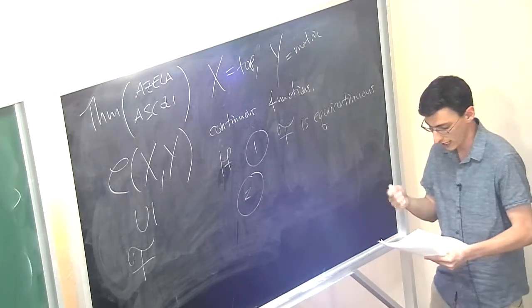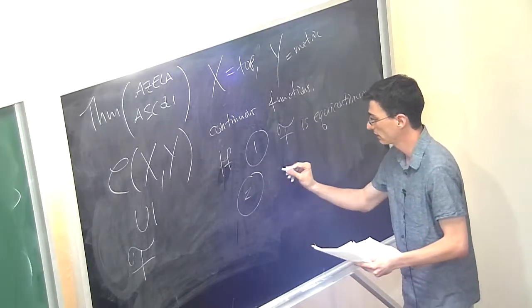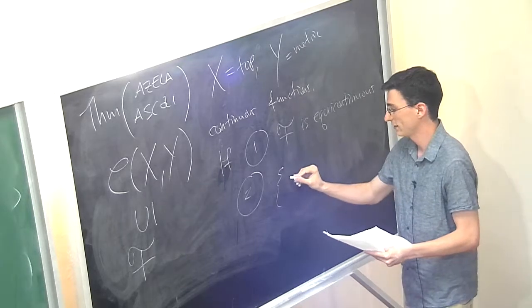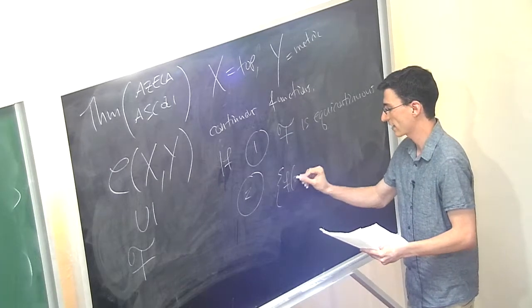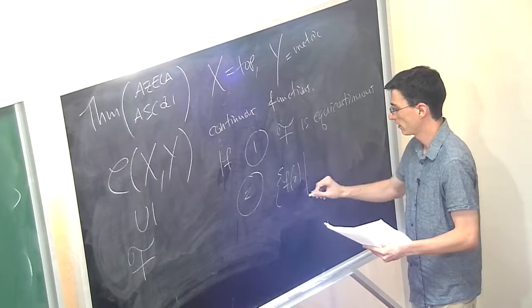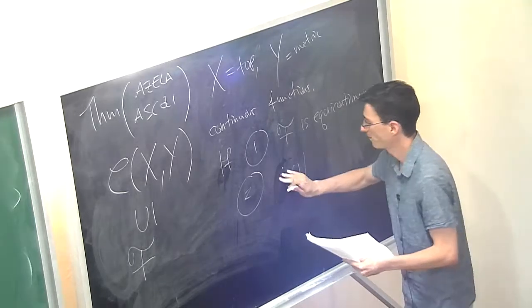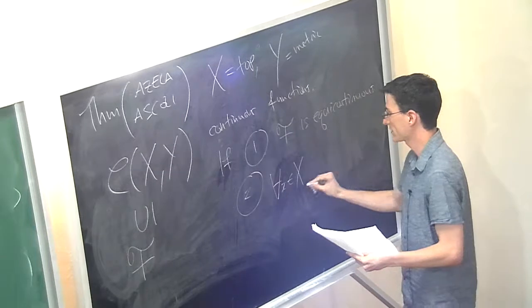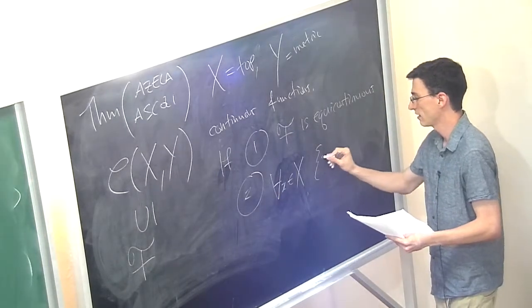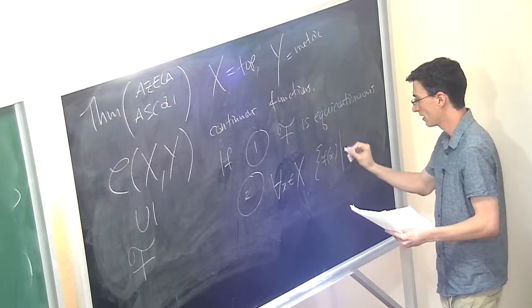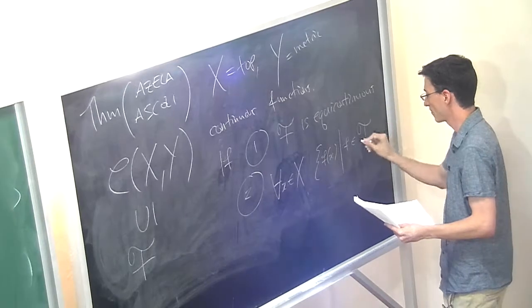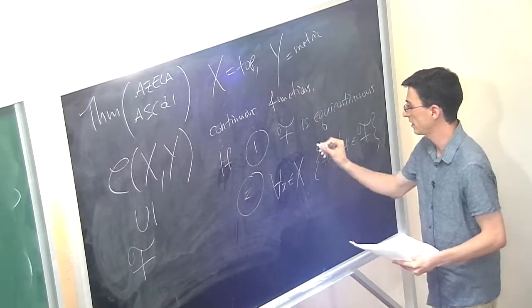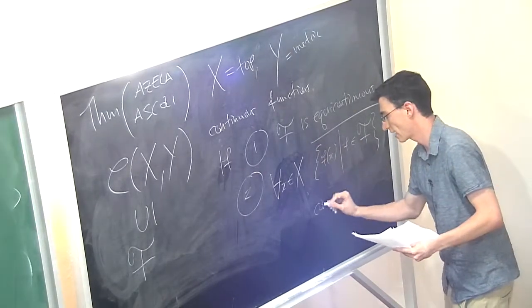That thing is going to have compact closure. So for all x in big X, the set of f(x), f in script F, the closure is compact.